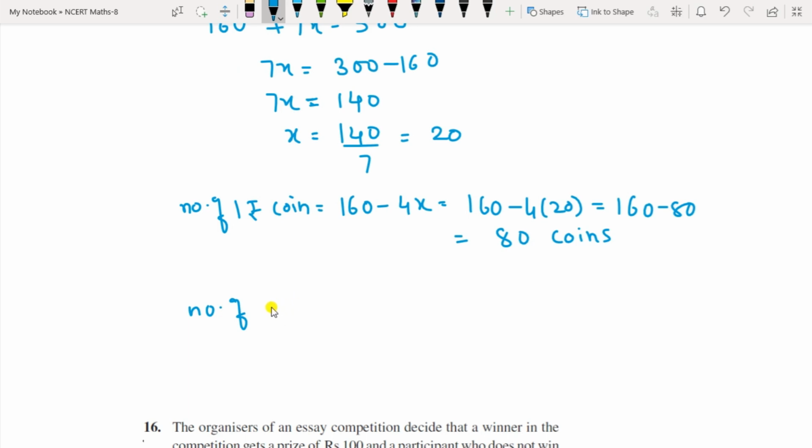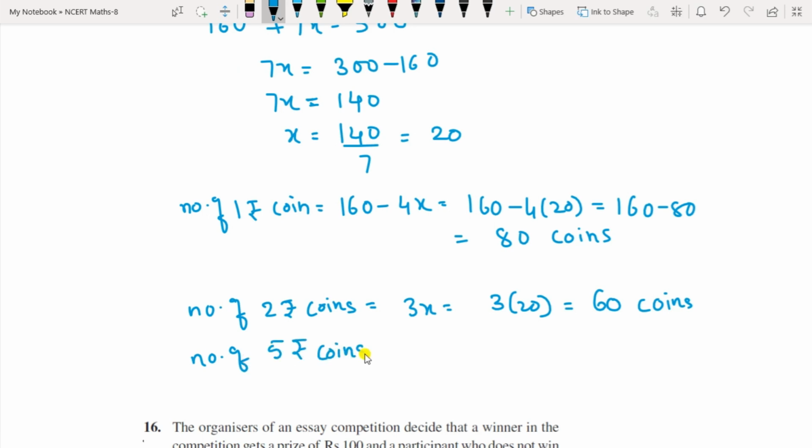Similarly, now you have to find the number of 2 rupees coins. 2 rupees coins is 3x, that is 3 into 20, which is 60 coins.